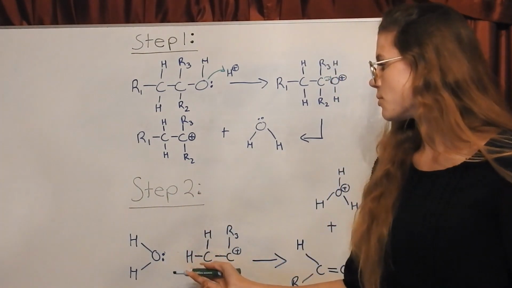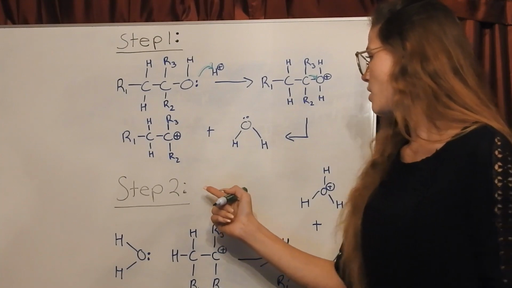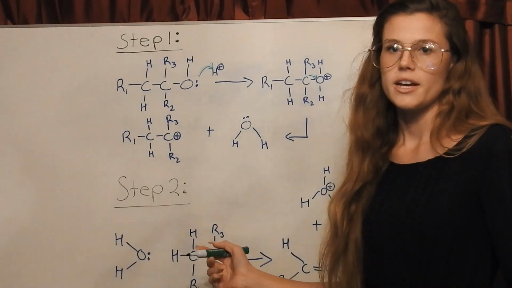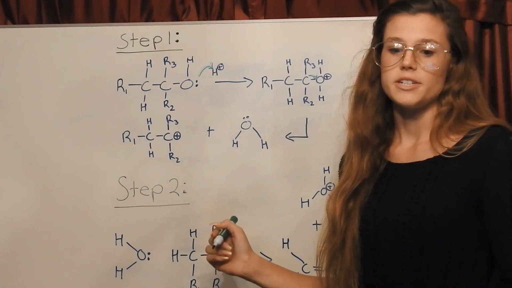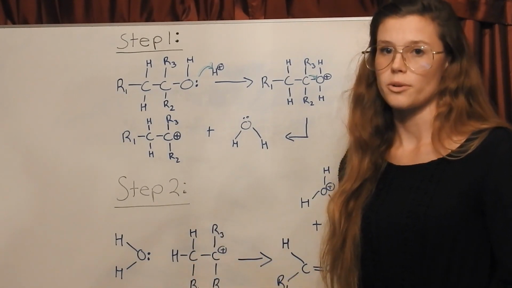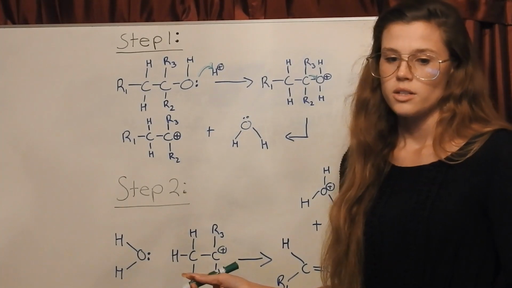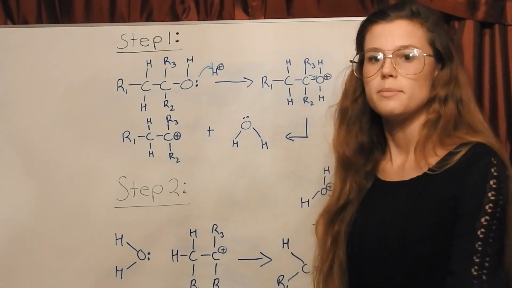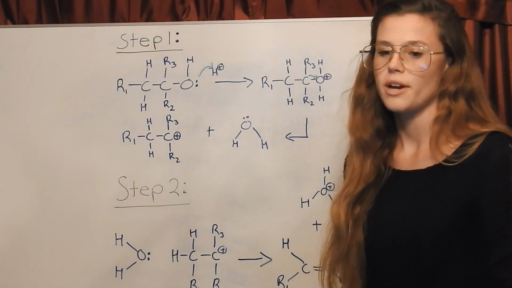In step 2, we have the water and the carbocation, and this is the deprotonation by a water molecule. So because of the properties of water, it will be used as a base in this reaction.